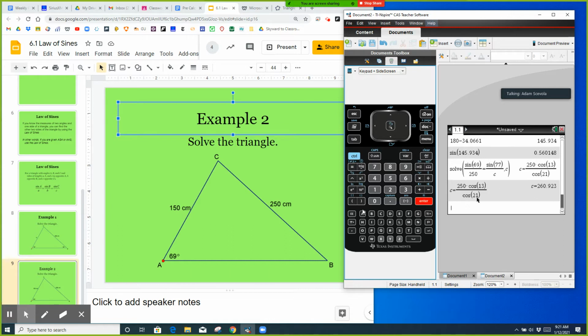You get 260, which makes sense. Always do a mental check: would that make sense? It does, because in a triangle, the biggest side is across from the biggest angle, so that should be the biggest side. But it also should be sort of close to 250.